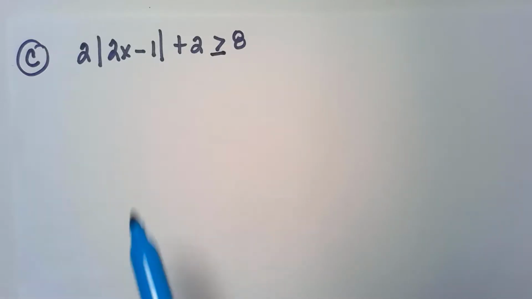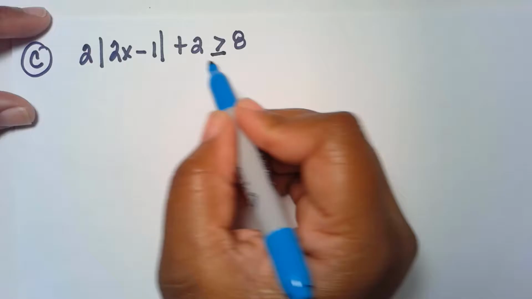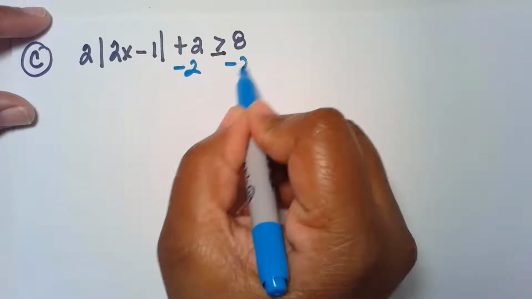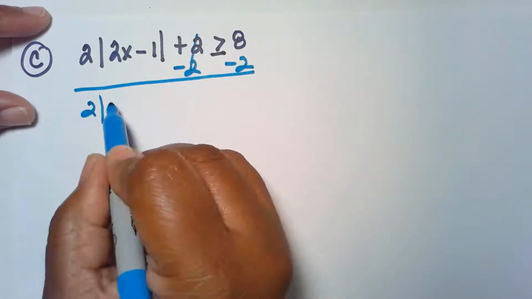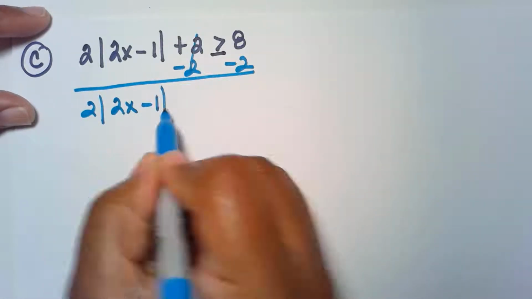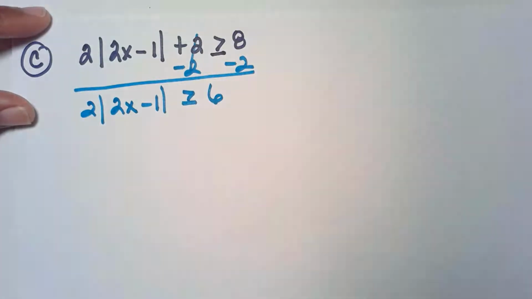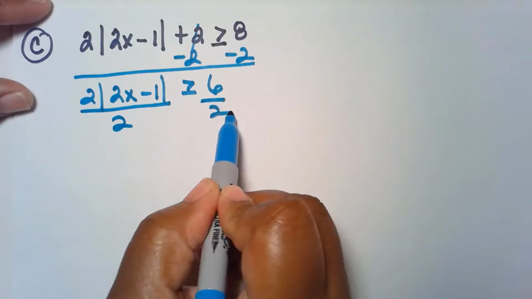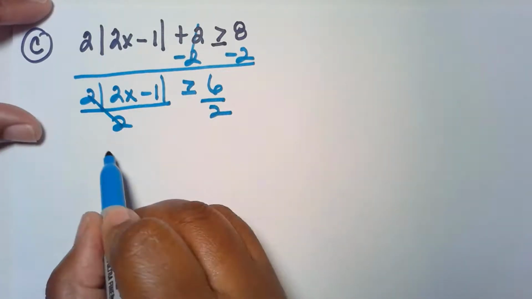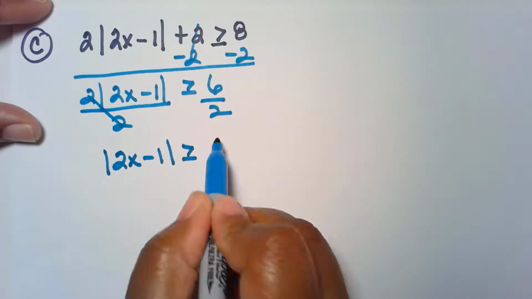We want to isolate the absolute value, so we subtract 2 from both sides. We have 2 times the absolute value of 2x minus 1 is greater than or equal to 6. Then we divide by 2 on each side, and we have the absolute value of 2x minus 1 is greater than or equal to 3.